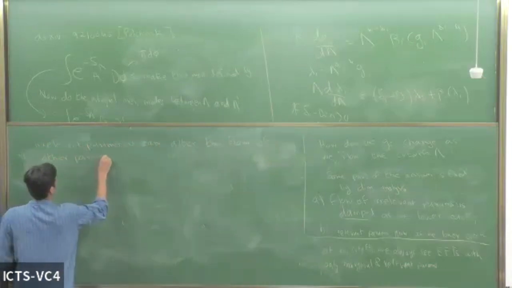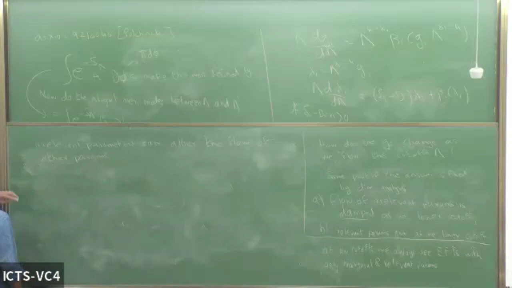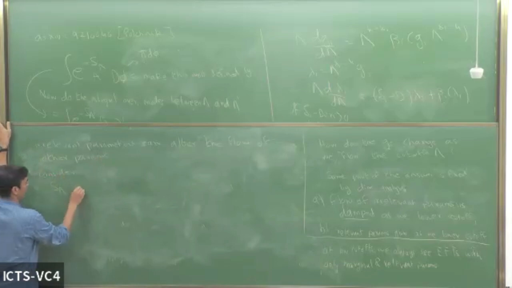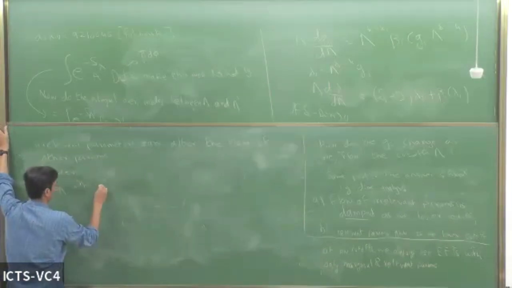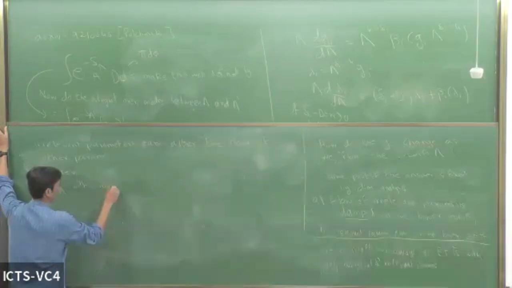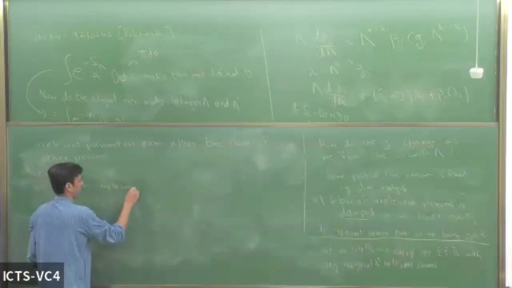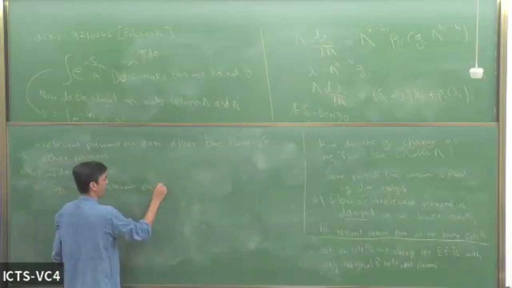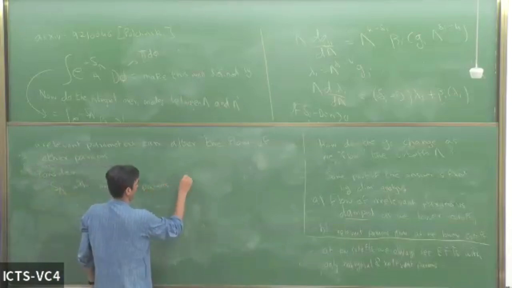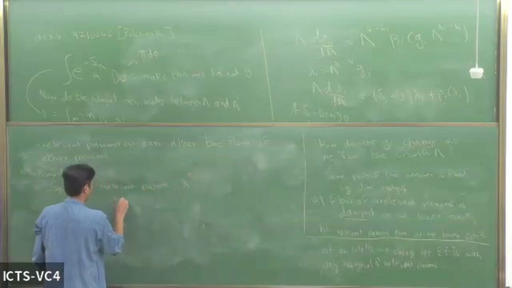So the statement is that if you take a theory, consider S lambda, with some irrelevant parameters, let me call them lambda IR, and some marginal and relevant parameters.